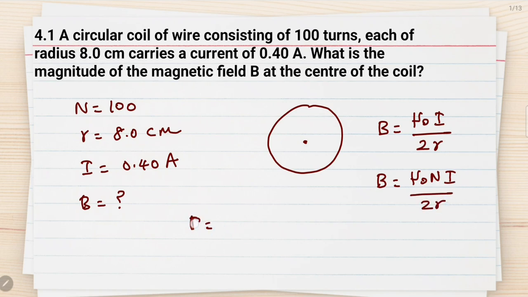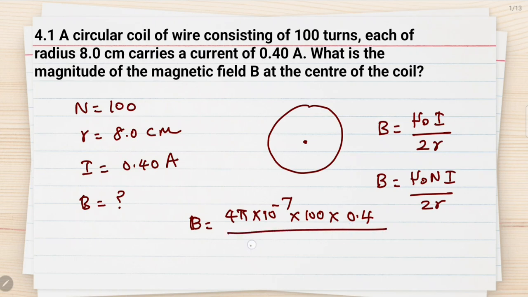So I'm just going to substitute. You know the mu naught value is 4 pi into 10 power minus 7, the number of turns is 100, the current is 0.4 ampere, by 2 into the radius, 8 centimeter, so 8 into 10 power minus 2 meter. See here, most of the things will get cancelled.